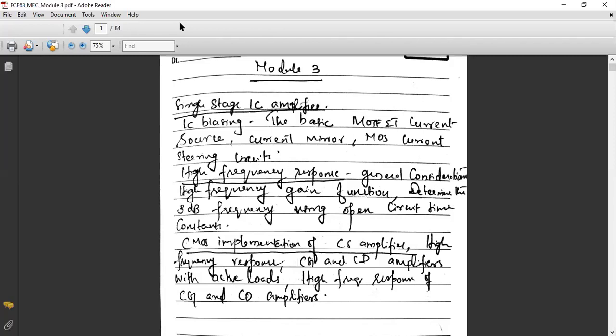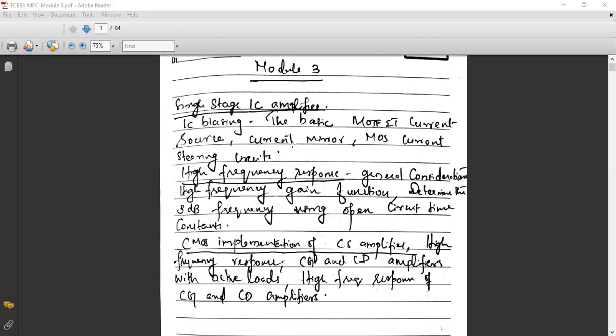So these are some of the methods required to bias an IC. The main methods that we have are the basic current source, current mirror, and current steering circuit. By using current mirror and current steering circuits, we are going to bias the IC. These are the feasible, most desirable methods of biasing an IC.